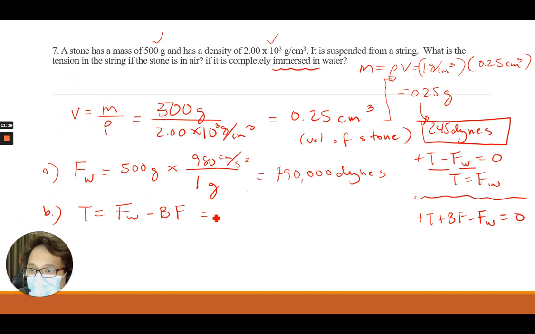Liit lang siya. So the weight of the object is 490,000 dynes. Check natin na. Minus the buoyant force, which is 245 dynes.